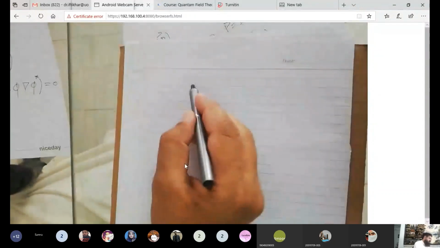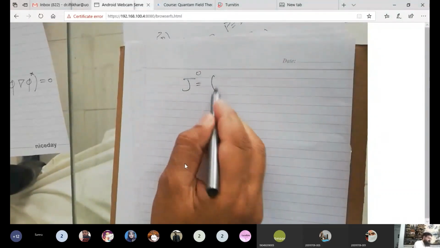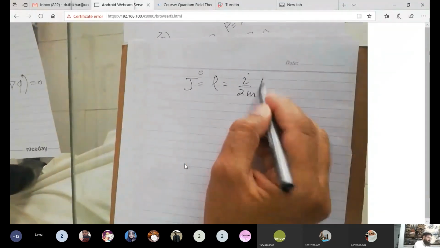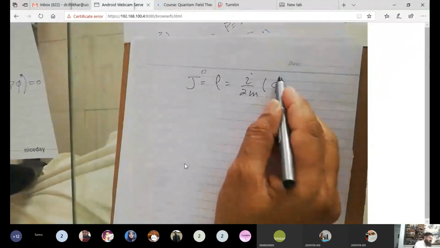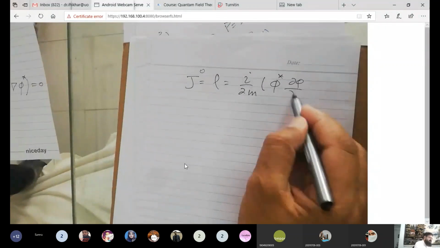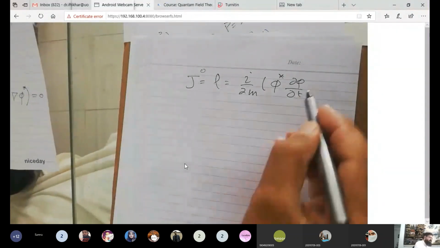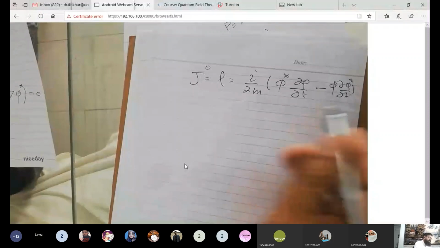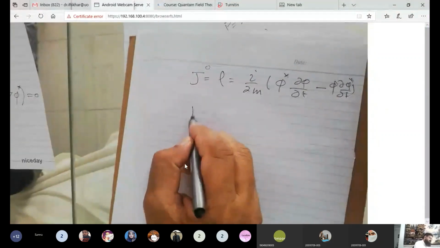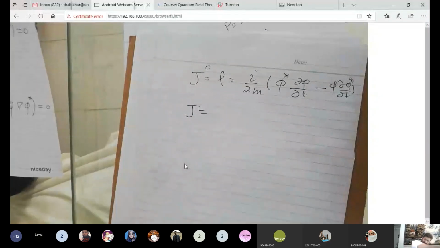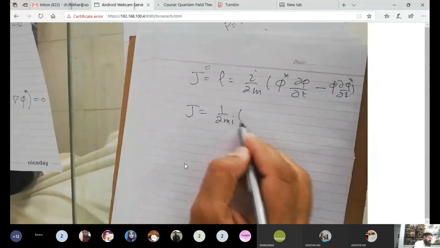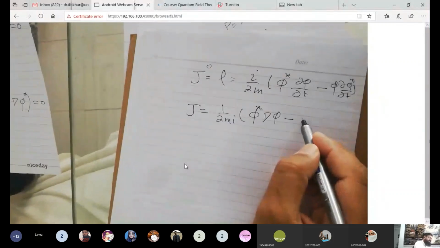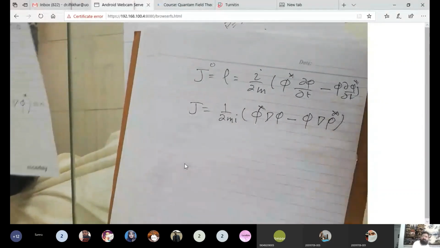Next you put the value of J⁰, which means ρ equal to iħ/2m (φ* ∂φ/∂t − φ ∂φ*/∂t), and again J equal to (iħ/2m)(φ*∇φ − φ∇φ*).